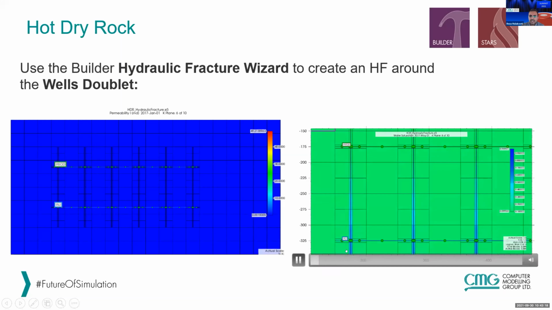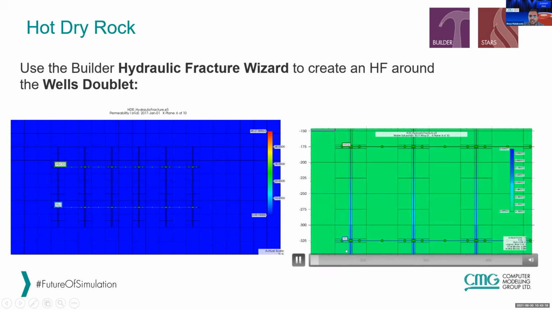And as you can see in here, from the injectors we are injecting water into the system. As the simulation time goes on, the water communicates towards the producer, is heated up, and then is produced back from the producers in here.